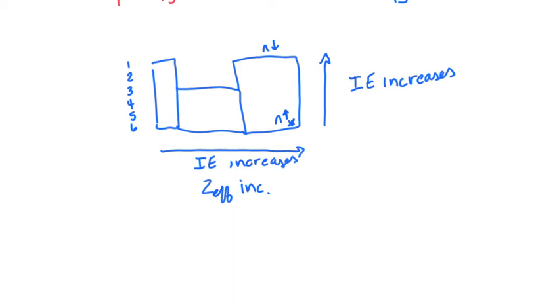If there's a really strong hold on these electrons, it's going to be harder and harder to pluck the electrons off compared to if the nuclear force or the Z effective is lower. So as the Z effective is increasing, our ionization energy increases. It's going to become increasingly harder to remove an electron.